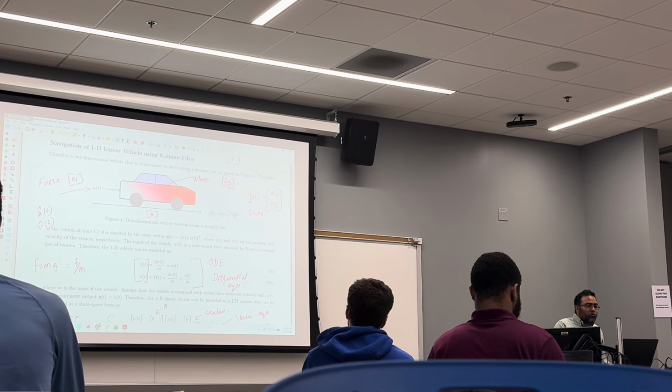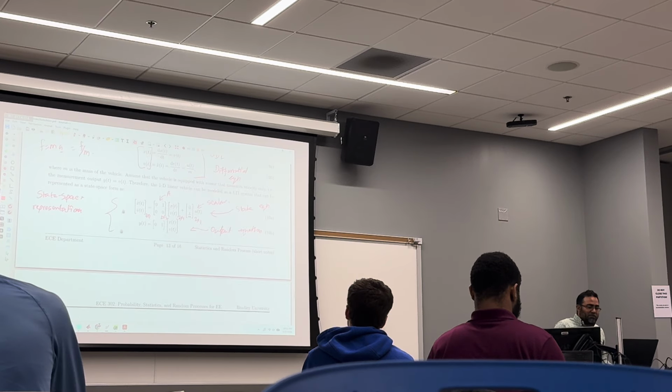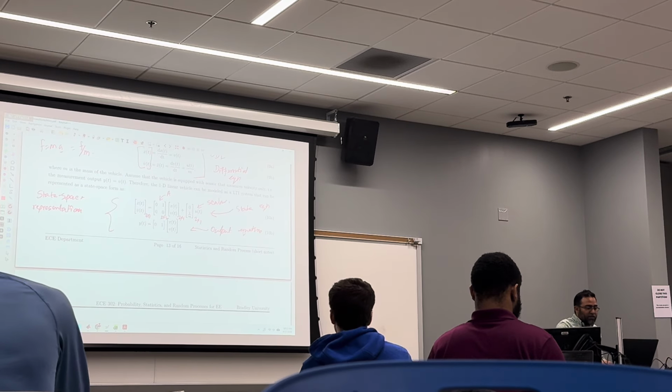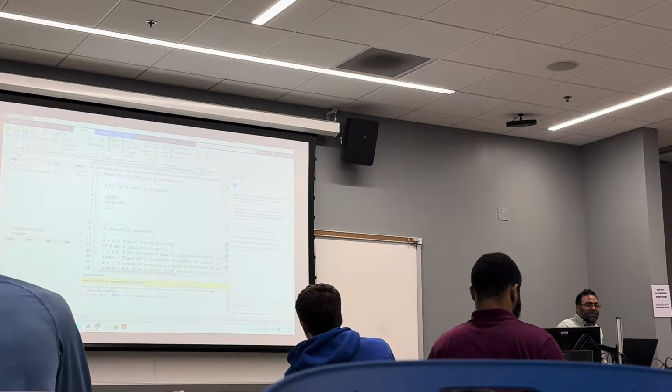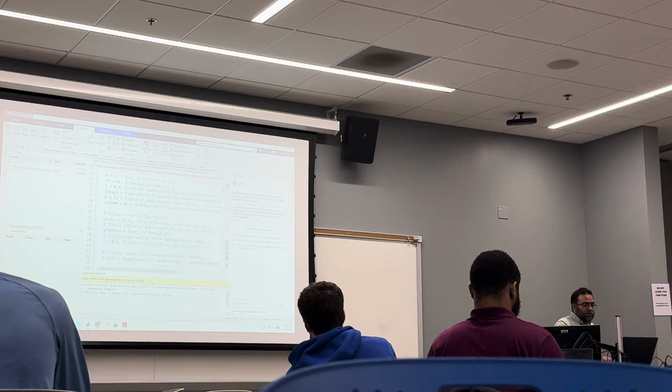After I go through all these steps, all the Kalman filter theory, eventually you will see that the vehicle is able to estimate its position and velocity. So, for example, I just wrote a piece of MATLAB code here.